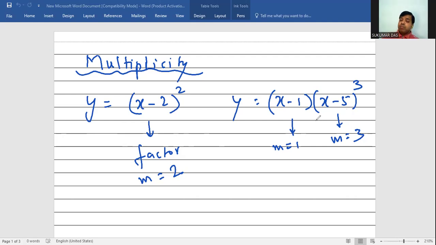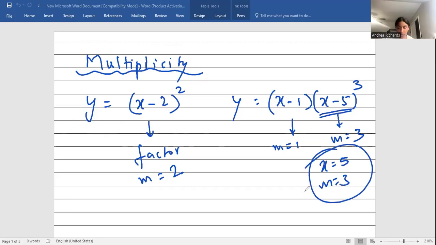Multiplicity means what is the power of that factor. So we will say that x minus 5 has multiplicity 3. You can also say that x is equal to 5, which is a solution, which is a root, has multiplicity 3. Okay.